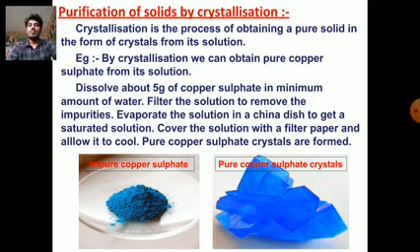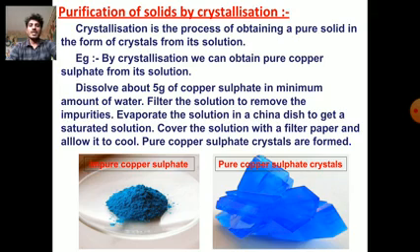Next one is purification of solids by crystallization. Crystallization is the process of obtaining a pure solid in the form of crystals from its solution. For example, by crystallization we can obtain pure copper sulfate from its solution.